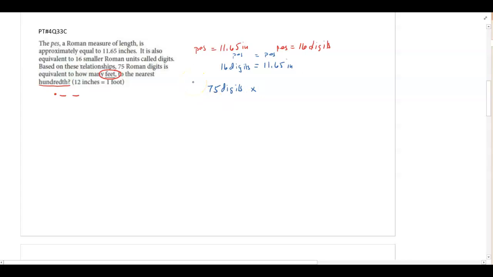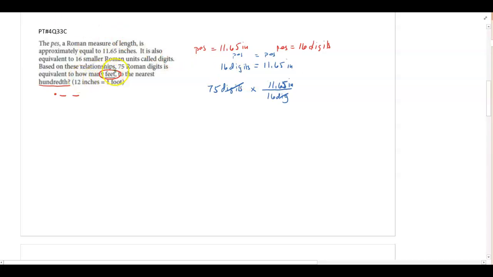Now we're going to go through our conversions, and remember, any unit I want to get rid of, I have to put it in the denominator of the next fraction. So if I want to cancel out digits, I'm going to put 16 digits down here. That cancels out. Is equal to 11.65 inches.